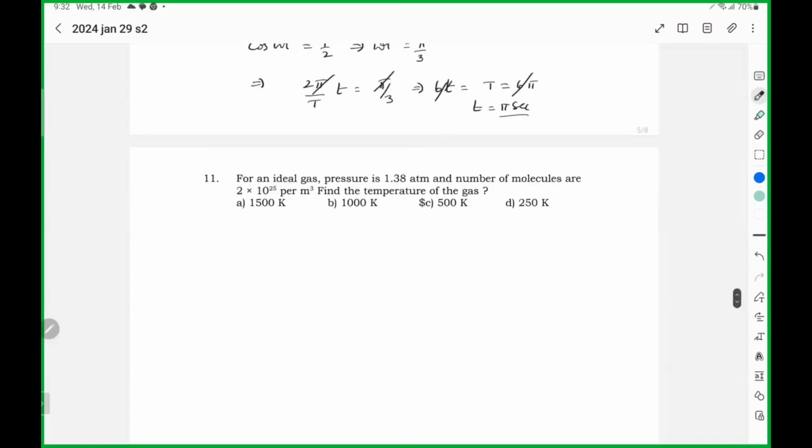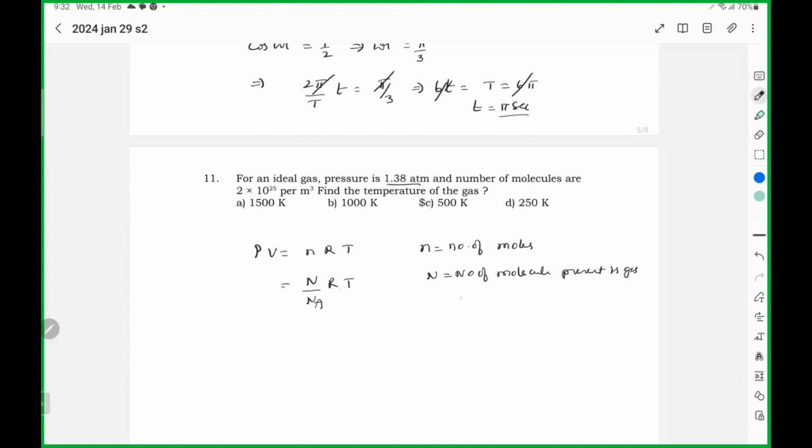Here, for an ideal gas, pressure is 1.38 atmospheres and the number of molecules is given. So the ideal gas equation: n here is the number of moles. I can write this as N by Na, where N is the number of molecules present in the gas, RT.